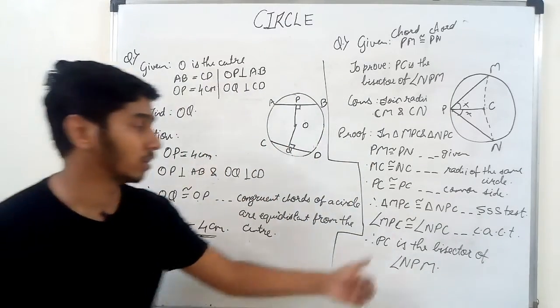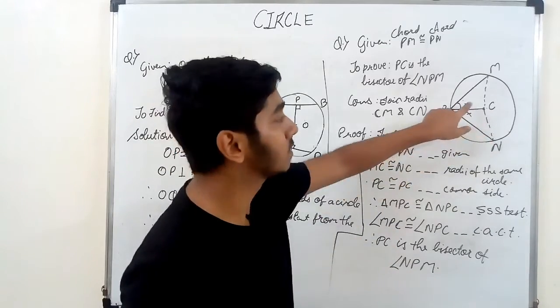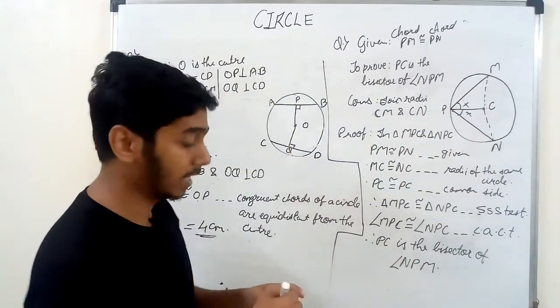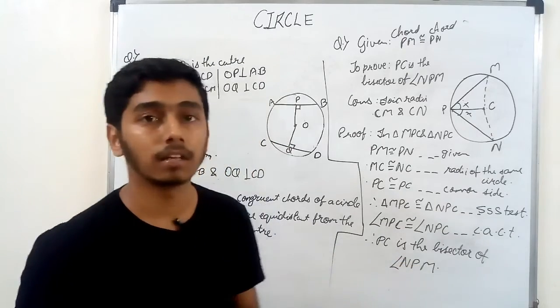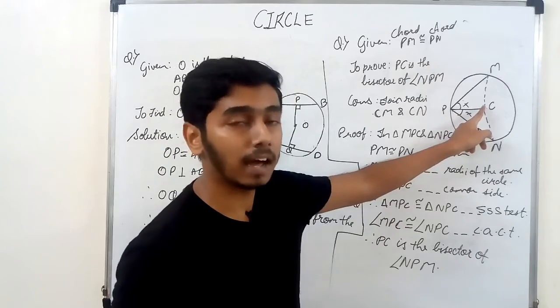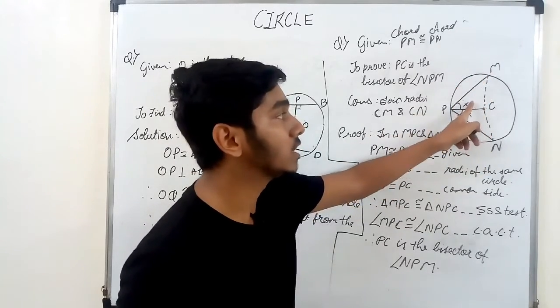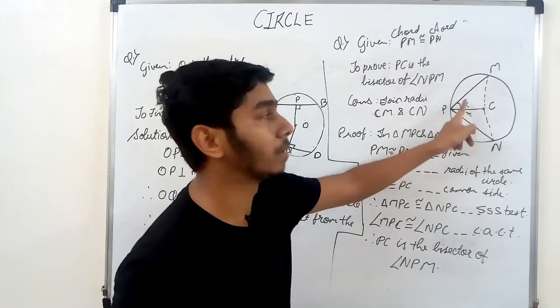As I told you earlier, the meaning of the word bisector is that it divides equally. So if PC has to be the bisector of angle NPM, it should divide the angle into equal parts.